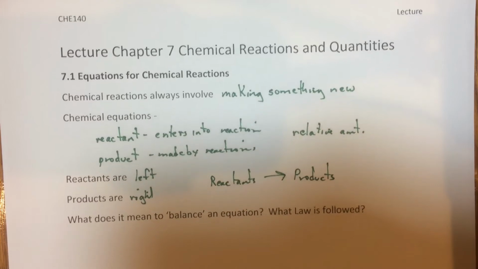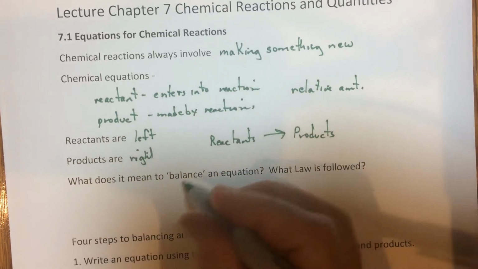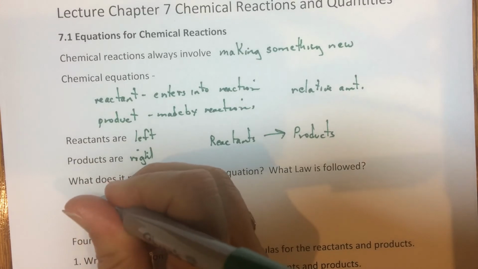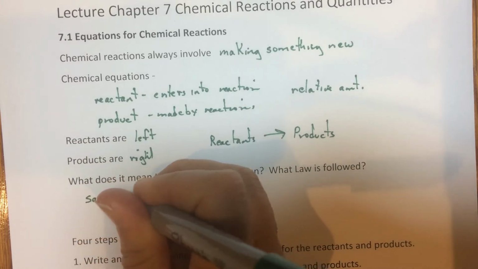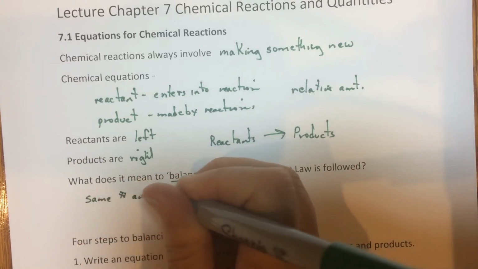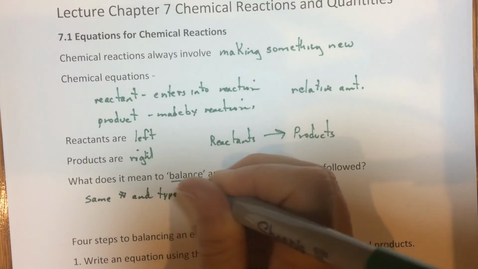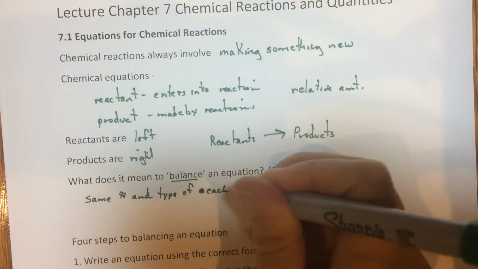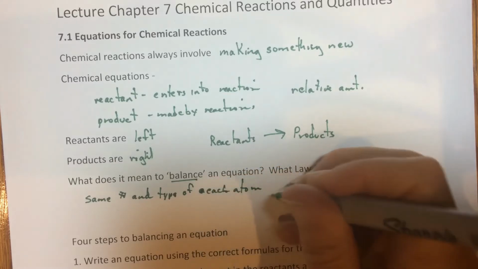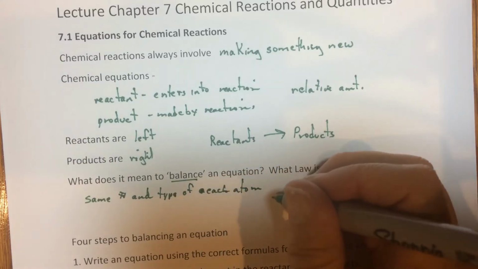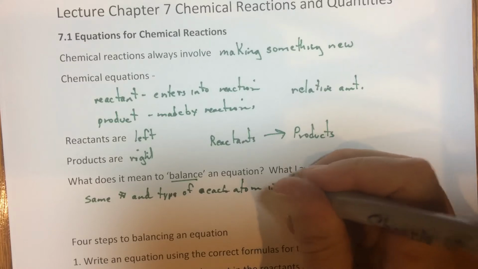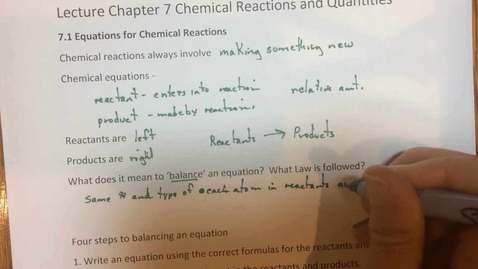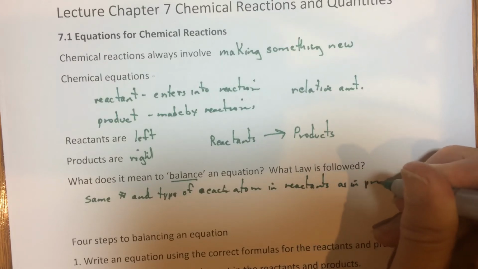Our chemical equations need to be balanced, and that means we have the same number and type of each atom in the reactants as in the products.